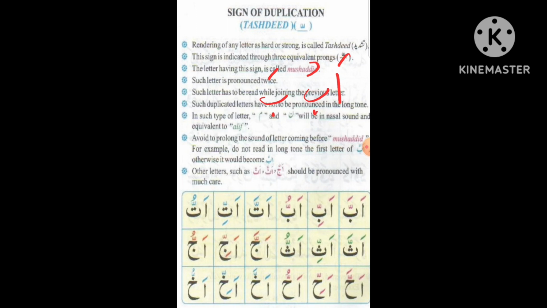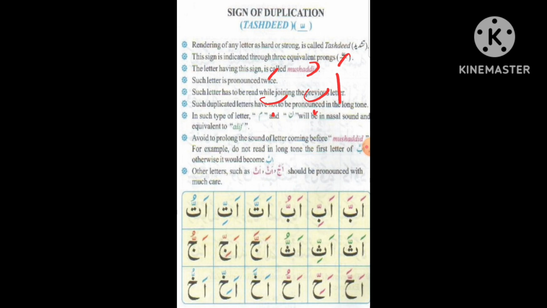So how do we read this? We read Alif Ba Zabar Ab, Ba Zabar Ba, Abba. Without the Tashdeed, how will we read? Alif Zabar A, Ba Zabar Ba, Aba. But with the Tashdeed, how will we read? Abba. Why? Because in Tashdeed, there is a quiescent letter hidden. So this is called the sign of duplication, meaning the Tashdeed letter has to be duplicated.